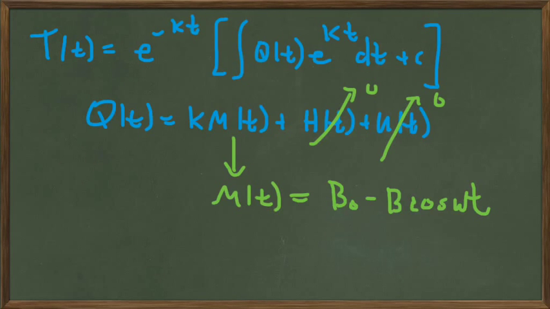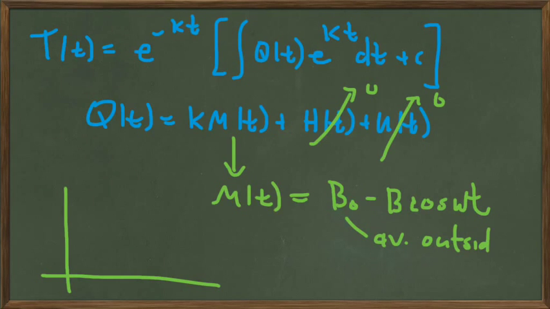So let's graph our m of t. The B0 would be the average outside temperature, and so let's put B0 right here.